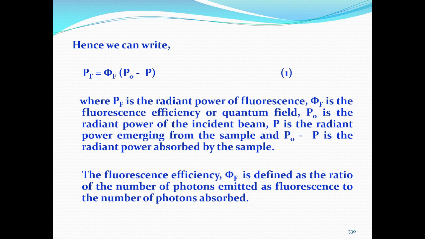we defined radiant power of the fluorescence as a function of fluorescence efficiency or quantum yield, and the difference between the amount of radiation that is absorbed. So, the fluorescence efficiency, we described it as the ratio of the number of photons emitted as fluorescence to the number of photons absorbed.